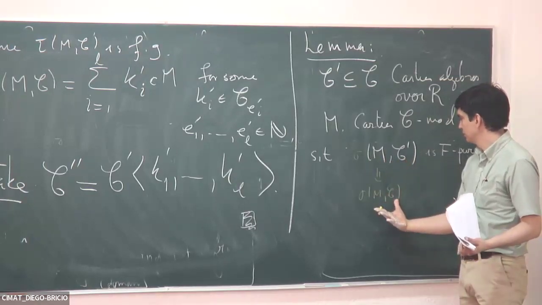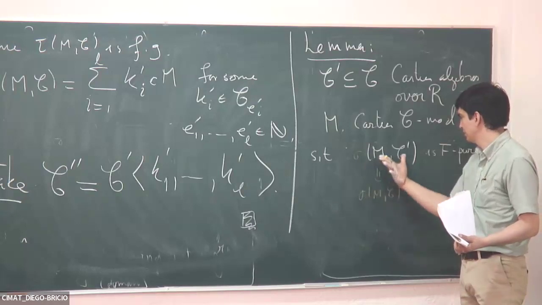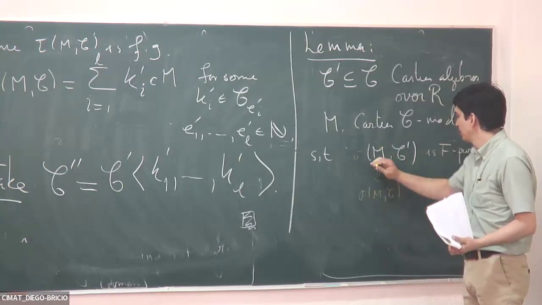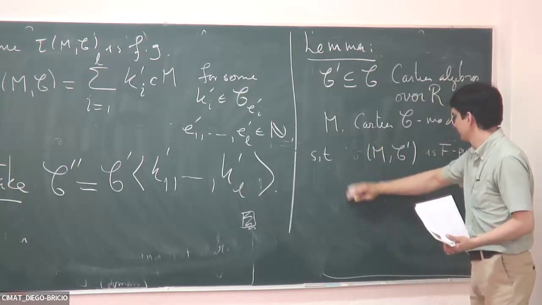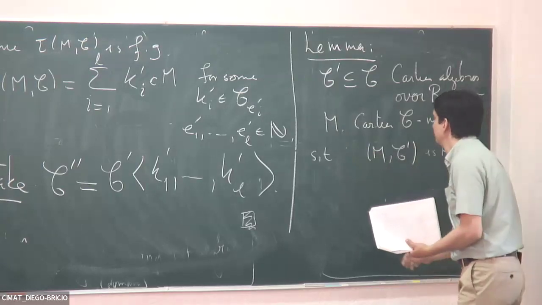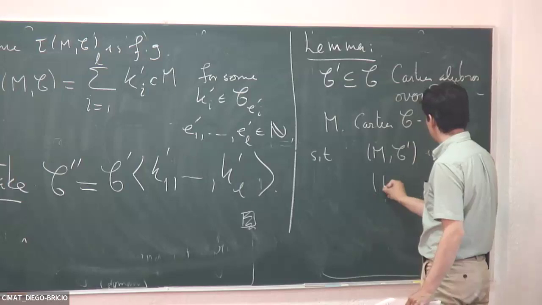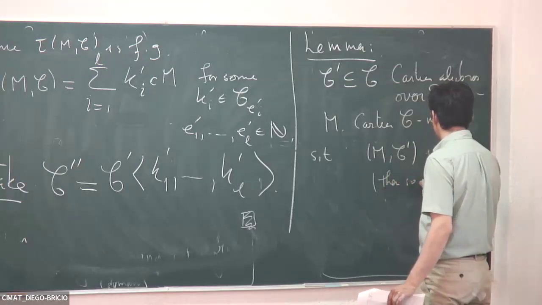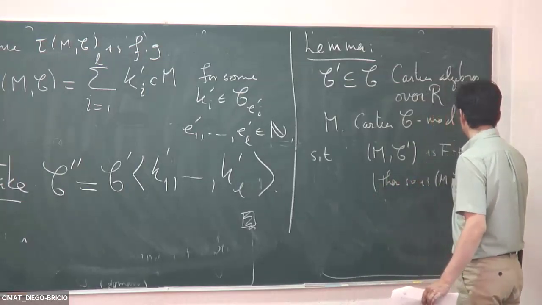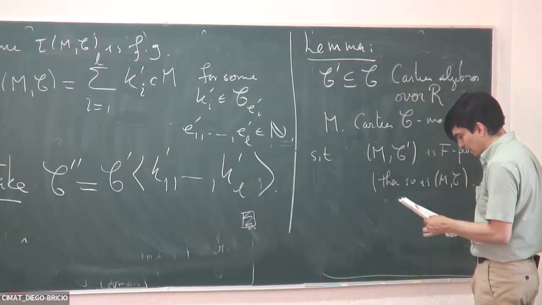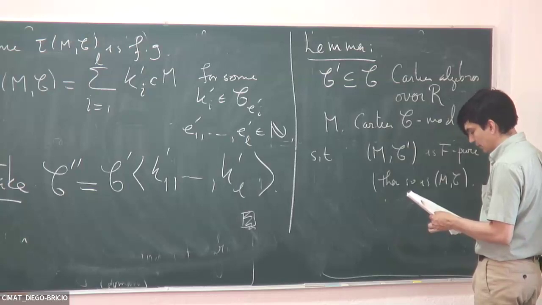This is the stable image in the direction of C. So it's just going to be inside that. The C prime is inside C. So if this is F-pure, then so is M comma C. That's fine. Okay.